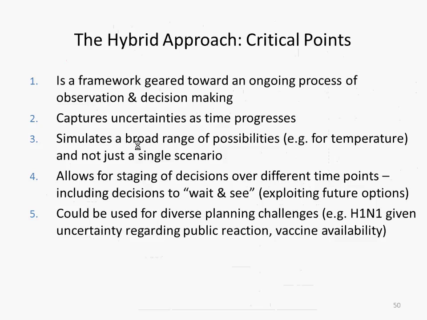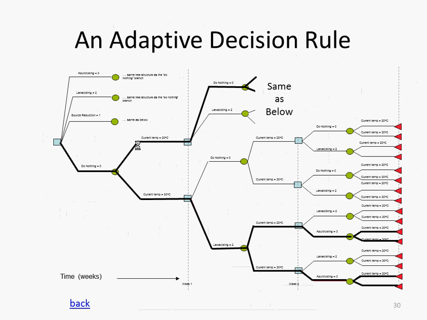It captures uncertainty as time progresses, like decision trees, and it involves simulating a wide range of possibilities for all sorts of different outcomes. And it tries to identify a decision rule, a strategy, what to do when, that is robust given that wide variety of outcomes. So you'll be choosing up front for that very first decision, bearing in mind all the different eventualities which may play out.